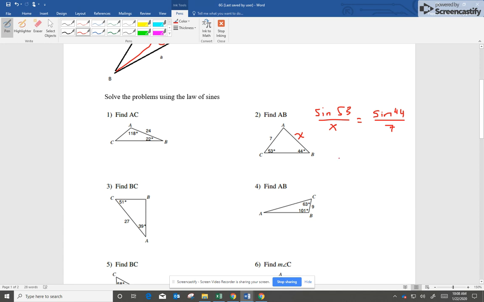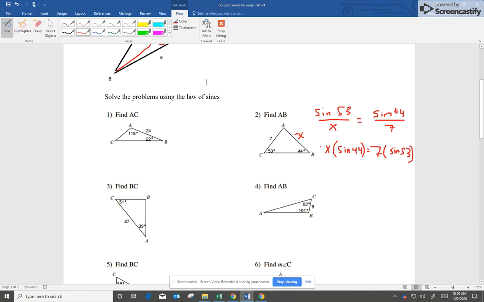And so we will solve by cross multiplying and dividing. Okay, so when we cross multiply here, we have x times sine 44 is equal to 7 times sine 53. Like that.